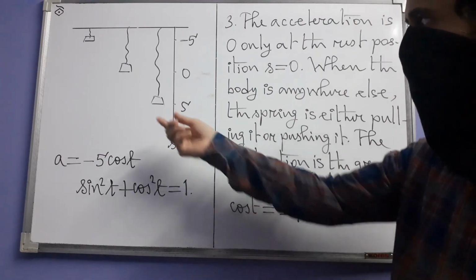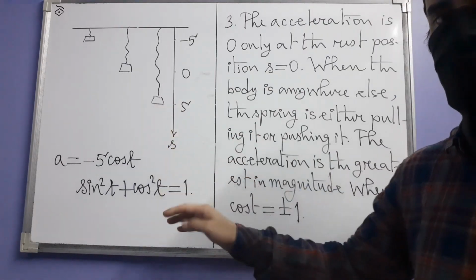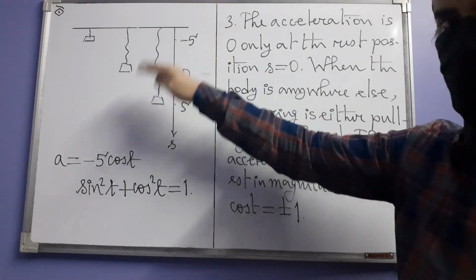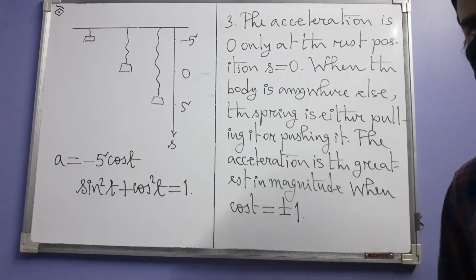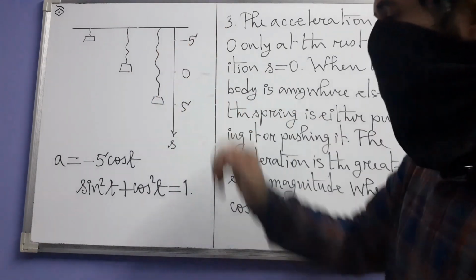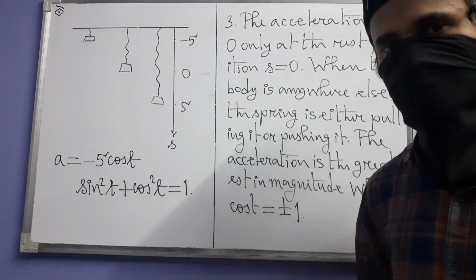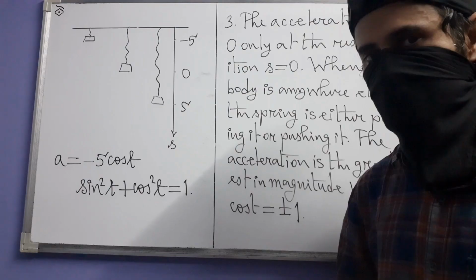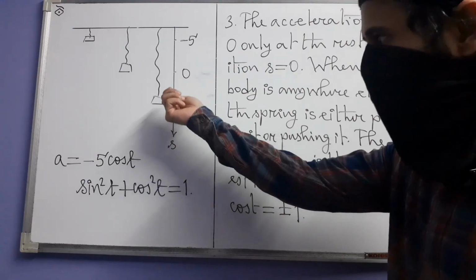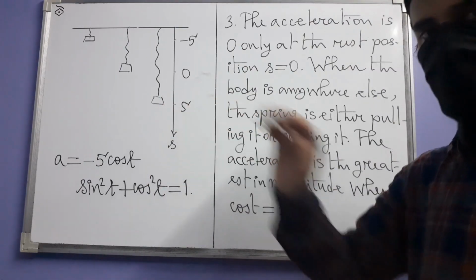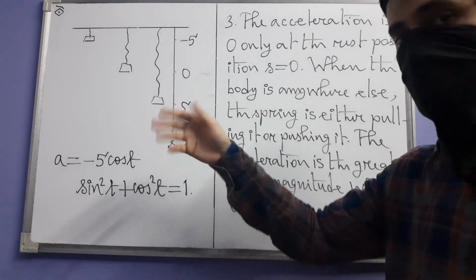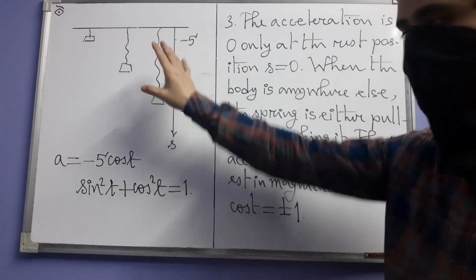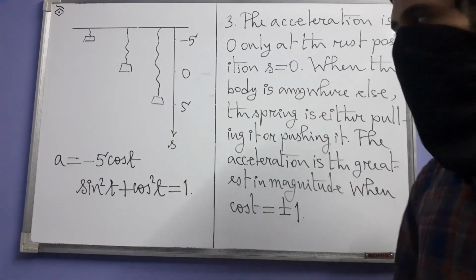In real life, if you pull a spring like this, then of course the body goes up and down, but the amplitude gradually decreases because energy is lost to the outside environment. When you are pulling the spring, you are doing some work against the will of the spring to get it stretched.